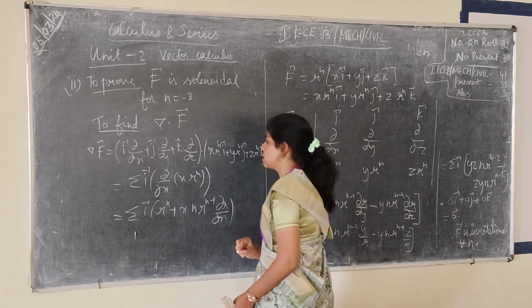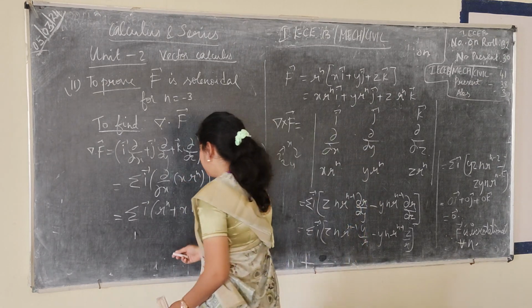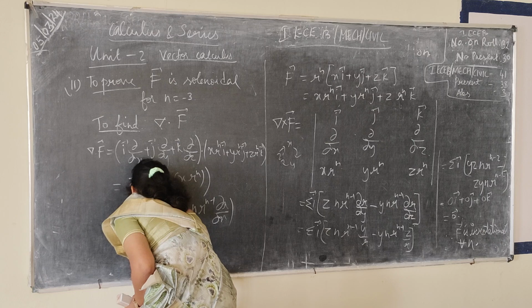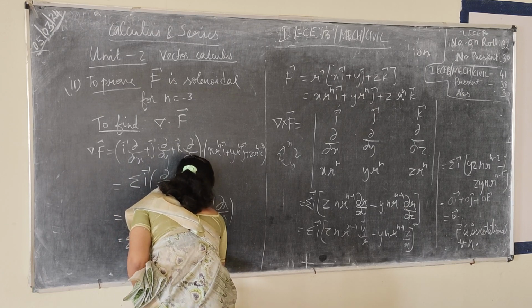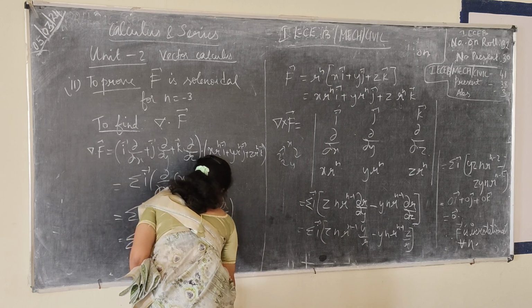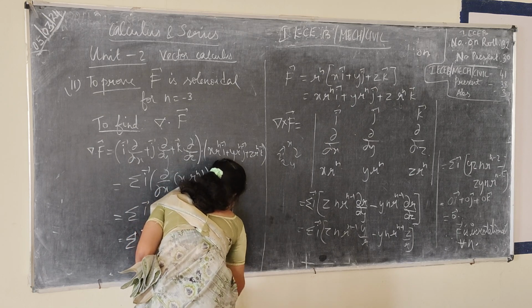What is dou r by dou x? x by r. So summation i vector into r power n plus x into n into r power n minus 1 into x by r.